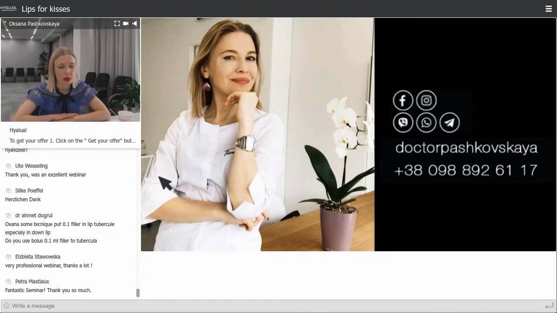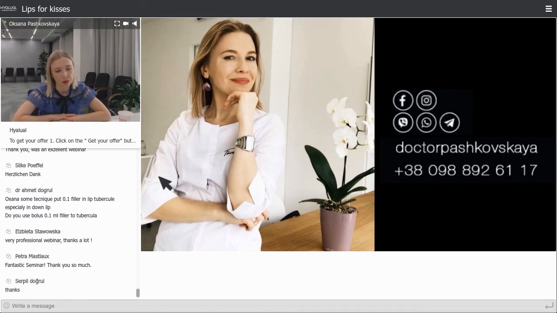She got a hard knob after months. Should I treat with hyaluronidase? One bump. Deborah Clay, according to my understanding of your question, you treated the smoker's line and got one bump, like a bump of the filler.